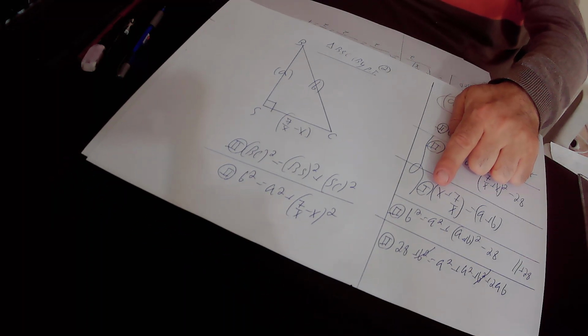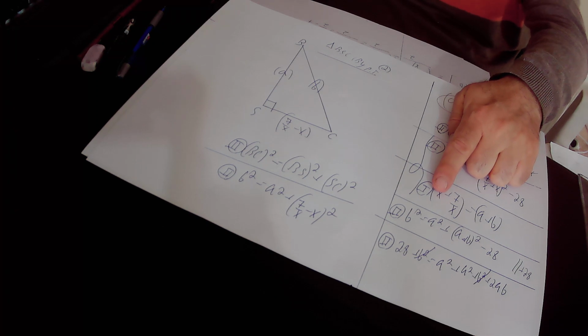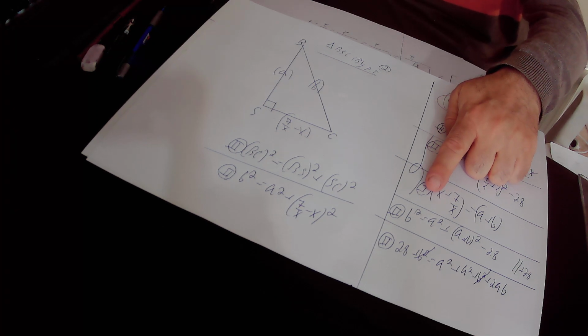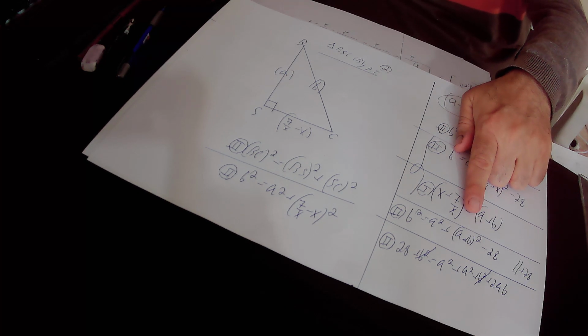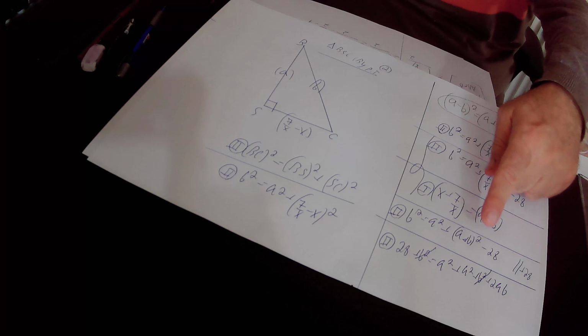So here we added 28 to this equation, equation 2, and finally found out that 28 plus b squared equals a squared plus a plus b squared. A plus b squared equals a squared plus b squared plus 2 times ab.